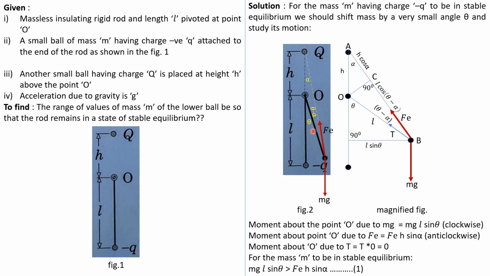For the purpose of showing, it has been drawn large, so it is basically the magnified version. If this is the angle theta, we assume that this angle is alpha. So from this triangle, if this angle is alpha, this angle should be theta minus alpha.